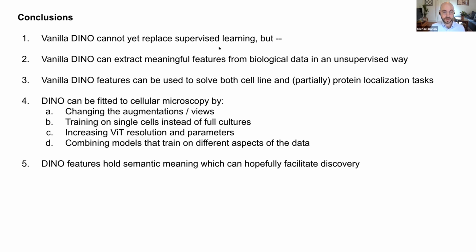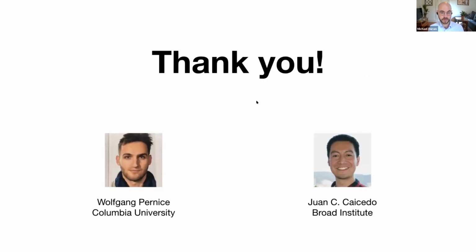We can fit Dino to solve cellular microscopy tasks by changing, adding, or removing the augmentations or views Dino uses, training on single cells instead of full cultures, increasing the vision transformer resolution and parameters, and finally combining models that train on different aspects of the data. We already showed some meaningful semantic meaning in the features, and hopefully we can use more.